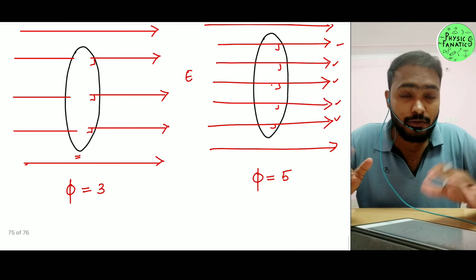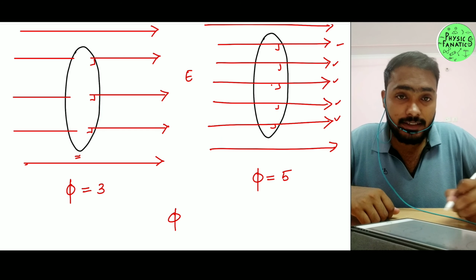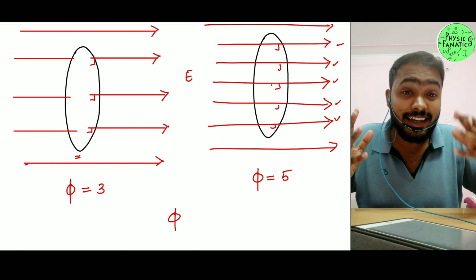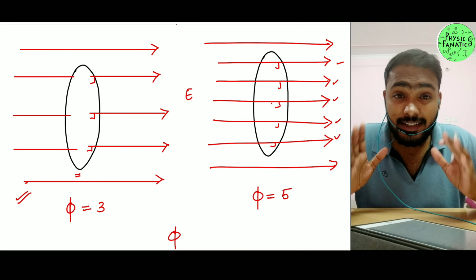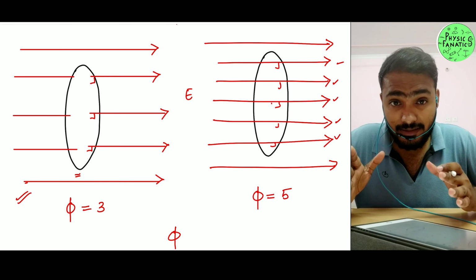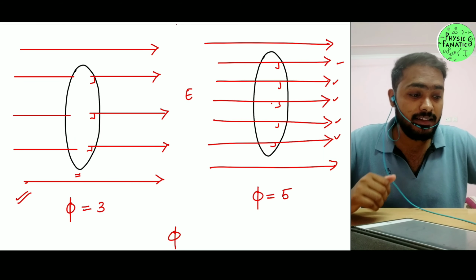From these two observations I can deduce one thing, that your flux depends upon the intensity of your electric field. In the first case, the intensity of the electric field lines was less; there was distance between one field line and the other.